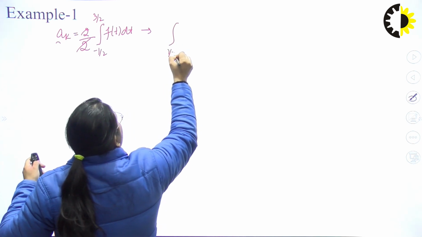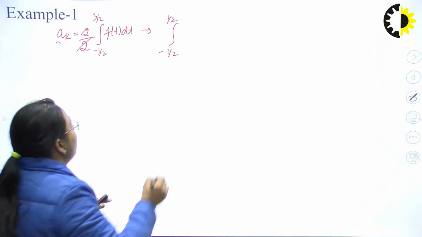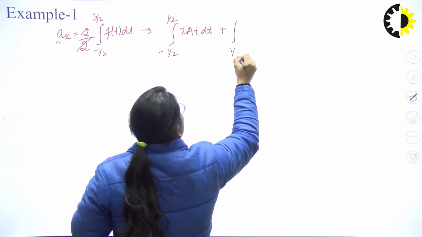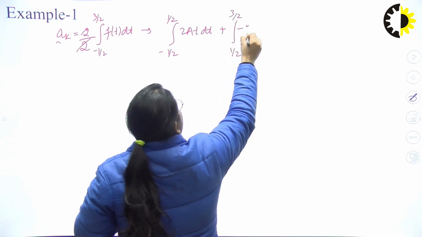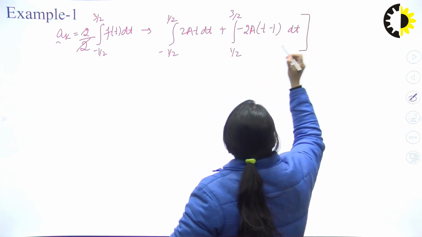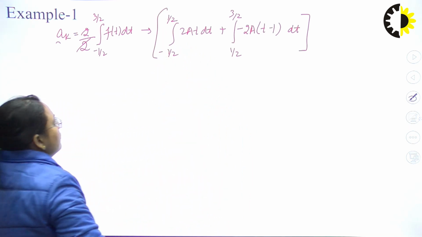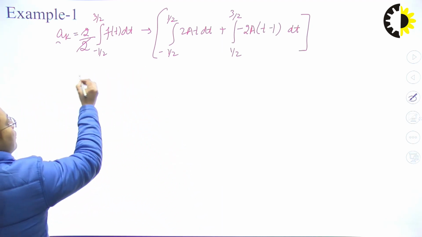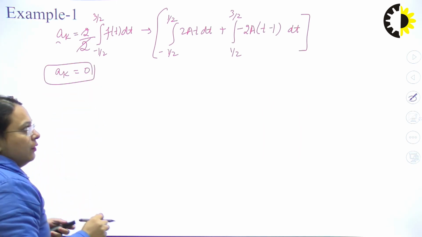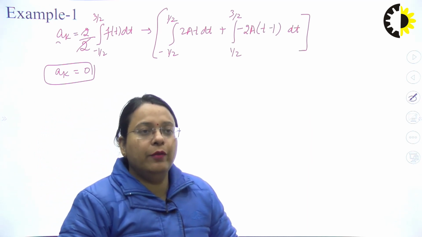So I'll split it from -1/2 to 1/2, the function is 2a t dt, plus from 1/2 to 3/2, minus 2a (t minus 1) into dt. When I solve it, again this will come out to be 0, as it is an odd function. For an odd function the values of the trigonometric coefficients a0 and ak are equal to 0.